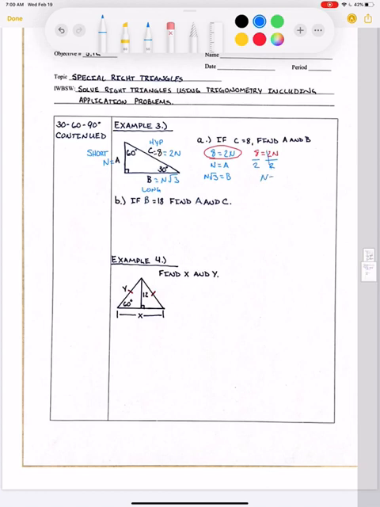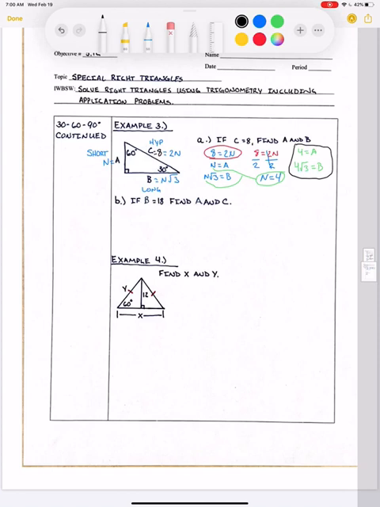And we have n equals 4. Now that I know that n equals 4, I'm going to take this value and plug it in right there and right there. So I have 4 equals a, and 4 square roots of 3 equals b. Those are going to be my values. I don't have to simplify. I'm good to go.